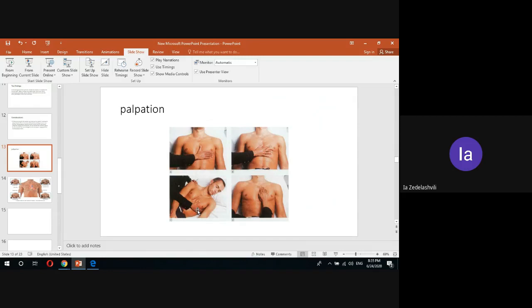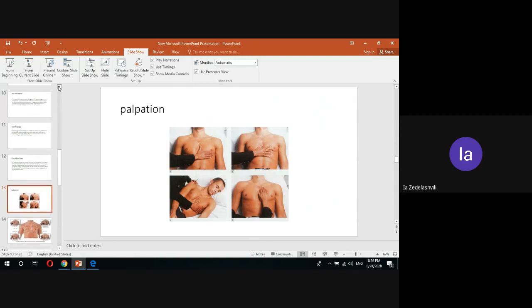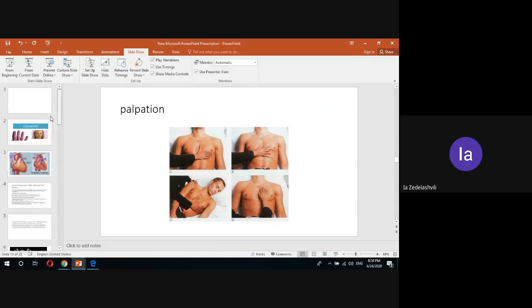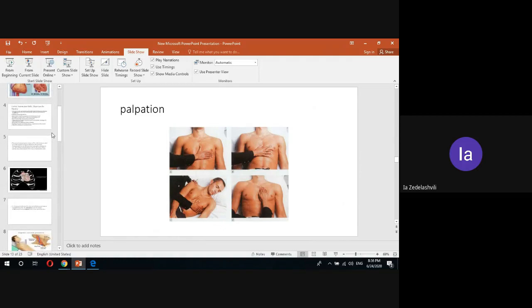Here we will find the point of maximal impulse, maximal beating, and here you can easily find pulsation by palpation. But if you find pulsation in other parts of the thoracic wall, it is not good, and you have to notice it and send your patient for extra examination, to the ECG or other kinds of investigation as well.